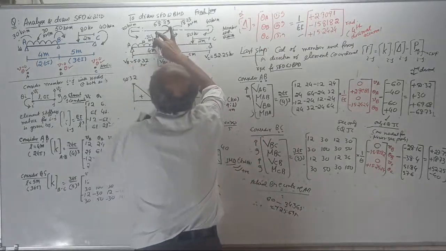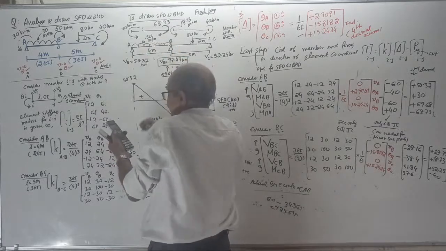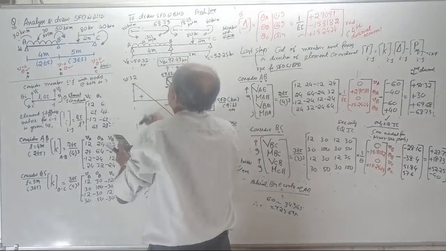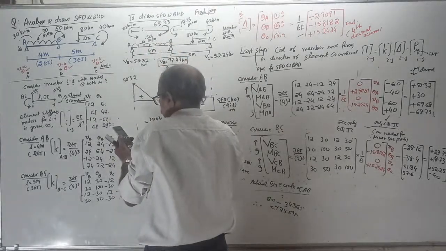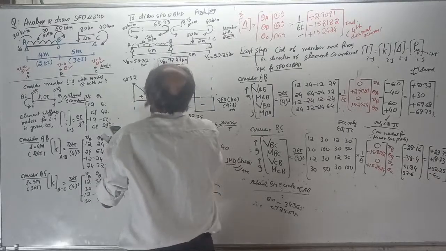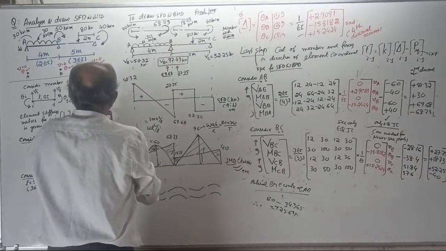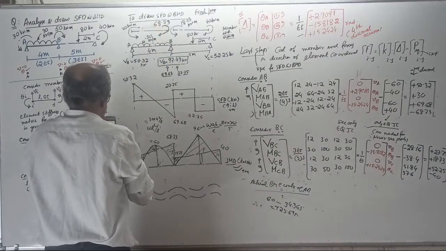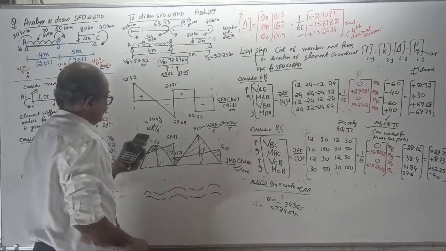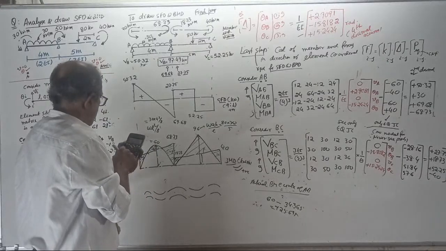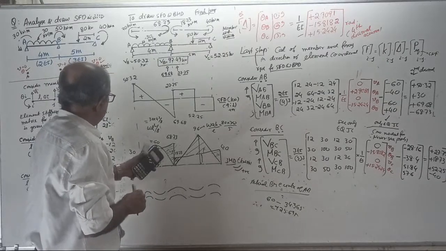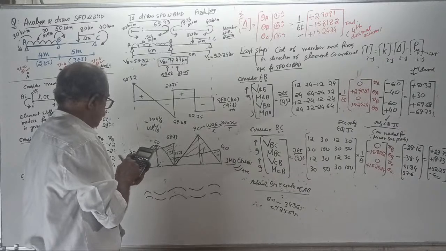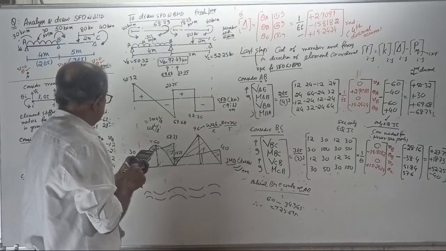The real BM here is minus 30 plus 50.32 into 2, minus 30 into 2 into 1. Minus 30, this is not 60 I think, 30 into 4 square divided by 8, 60.